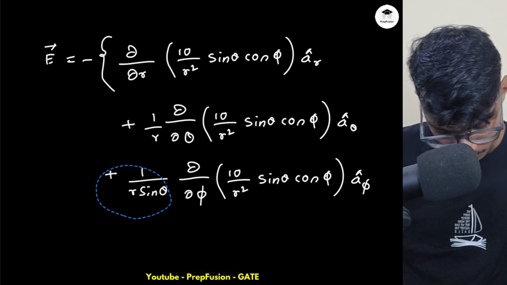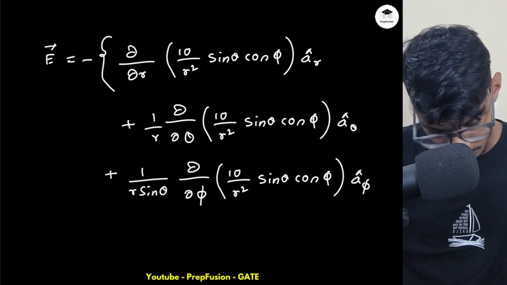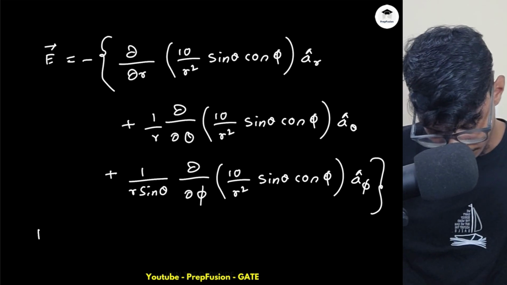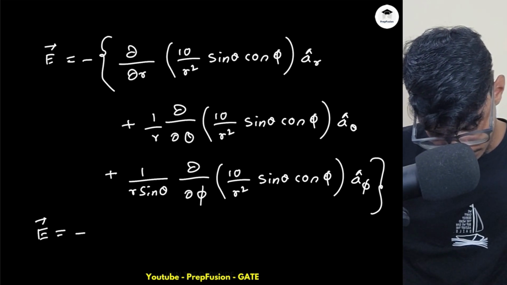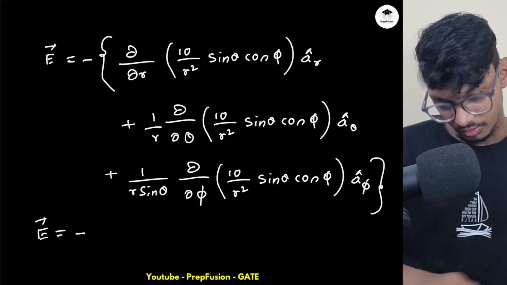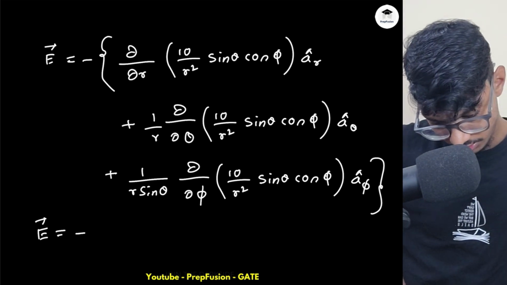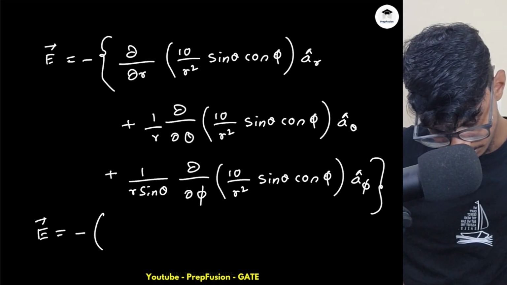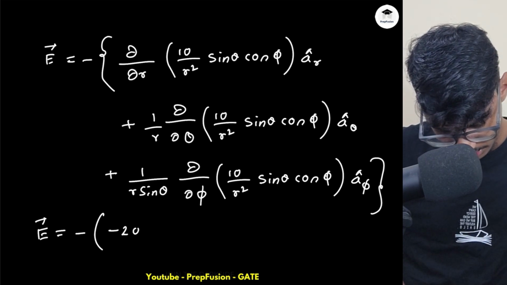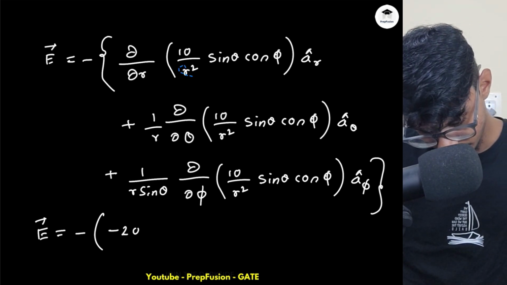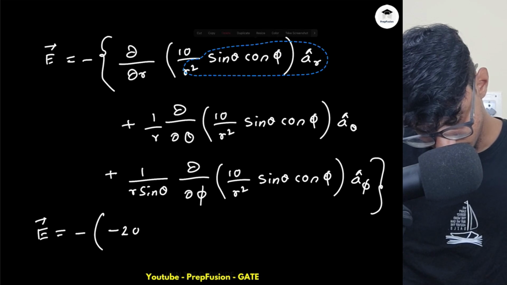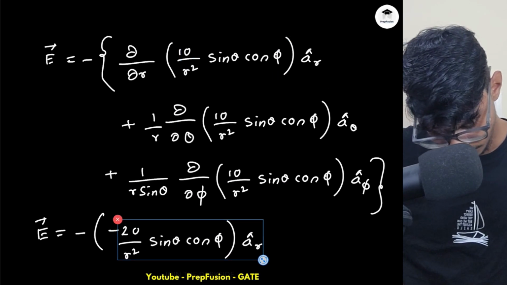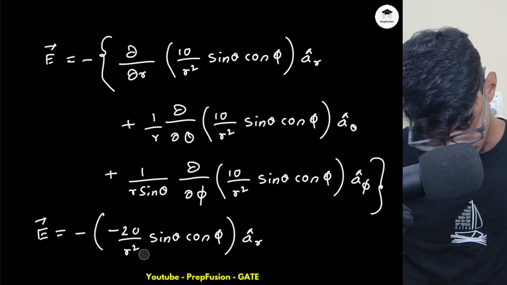Okay, so if I overall compute this thing, what will I get? So this actually becomes minus, now here cube is coming, right? So minus 2 will come in front, minus 20, and everything else remains same. This will become just r cube.